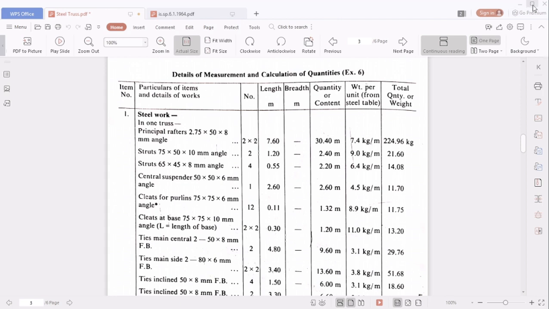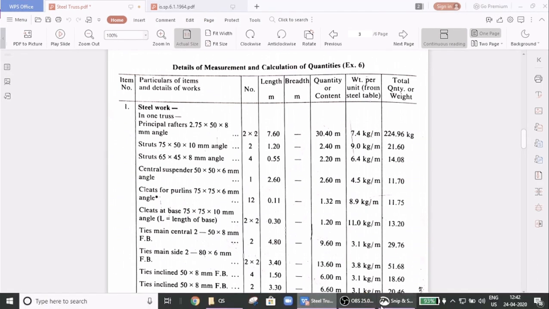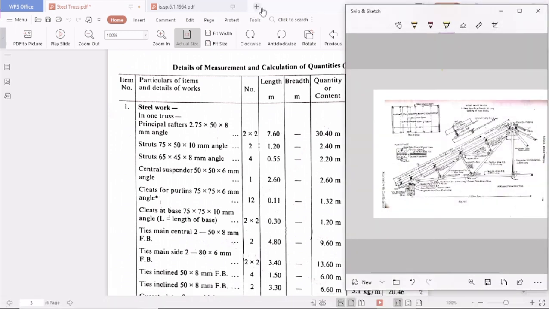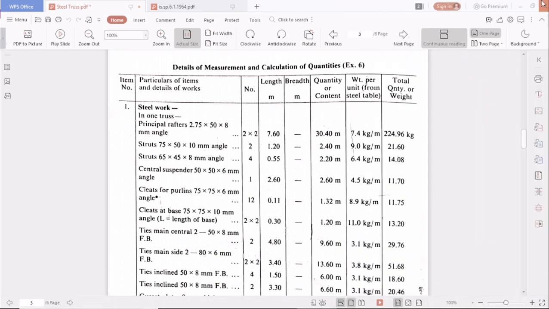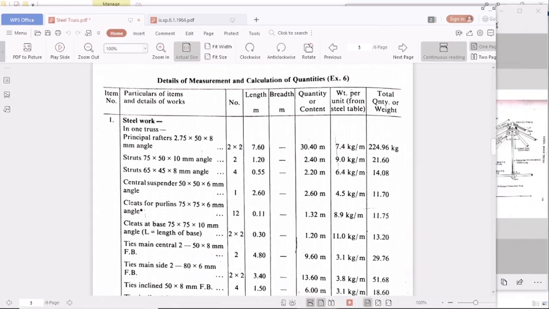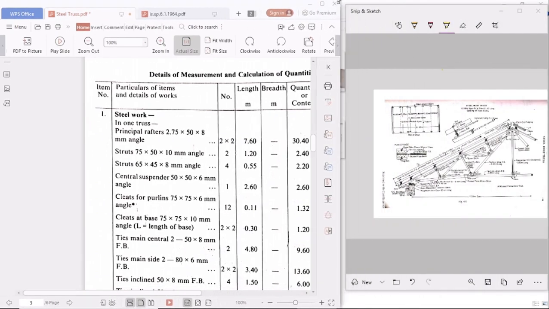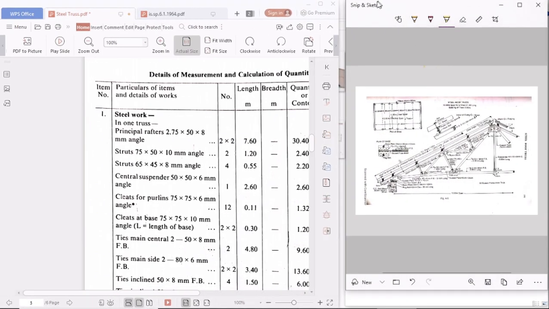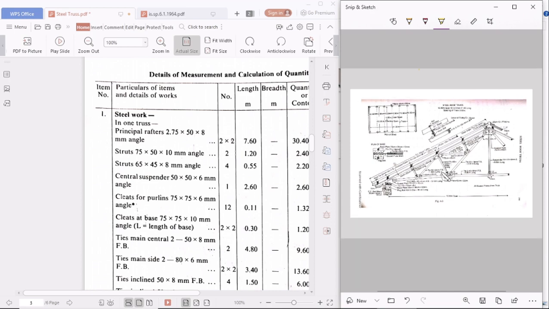Before that I'll take another window for the diagram. See here, this is the figure which they have given.